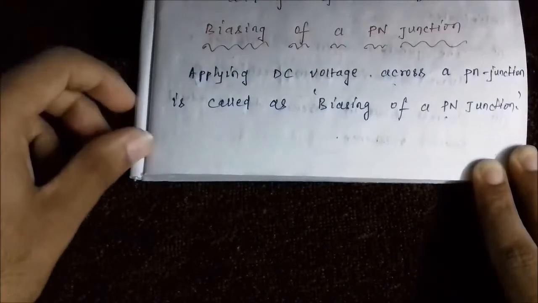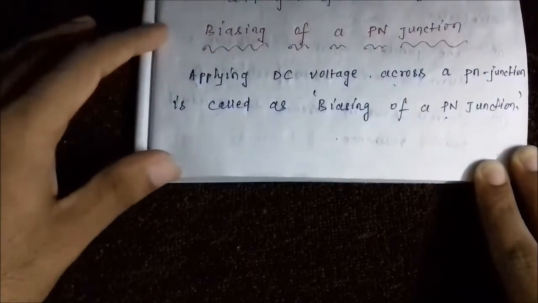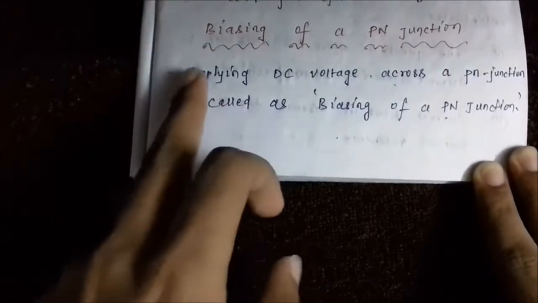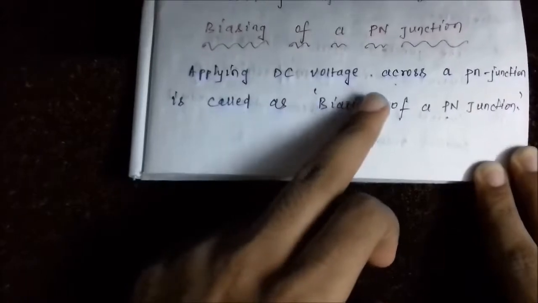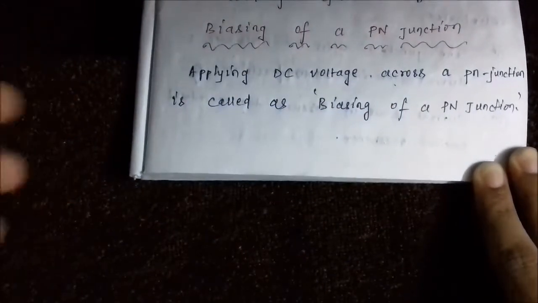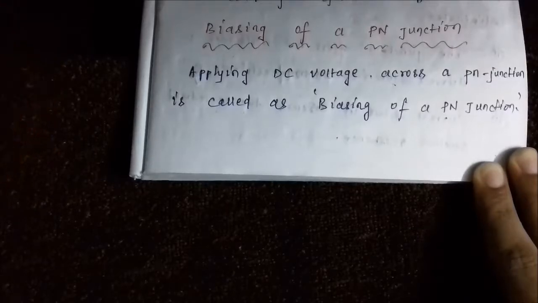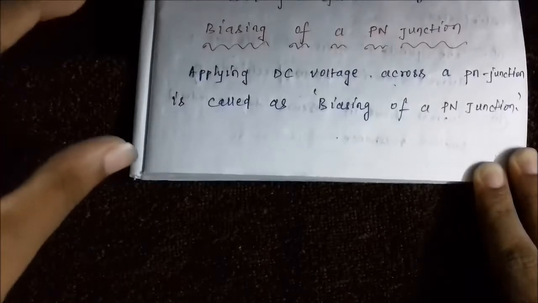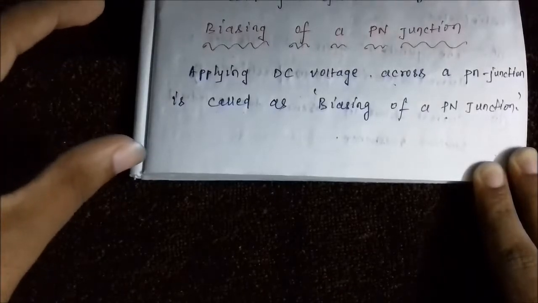You may have heard of the term biasing and wondered what biasing is. Biasing simply means application of DC voltage across a PN junction. Applying DC voltage to any electronic device or circuit simply means to bias that circuit.